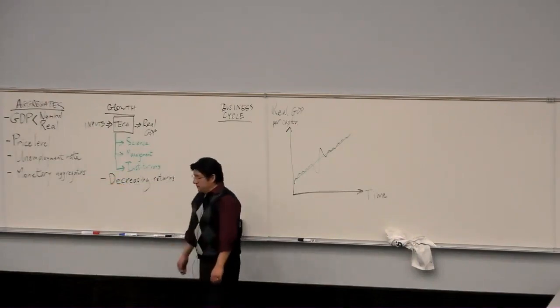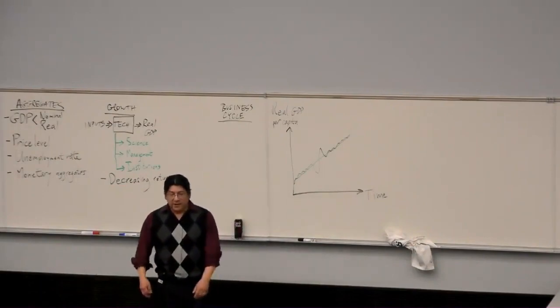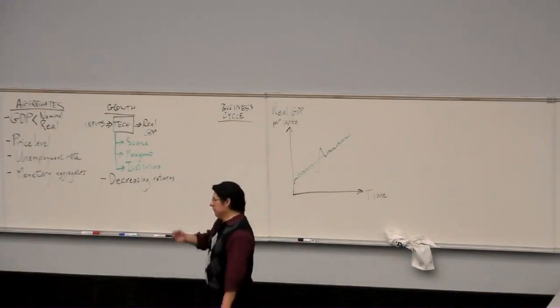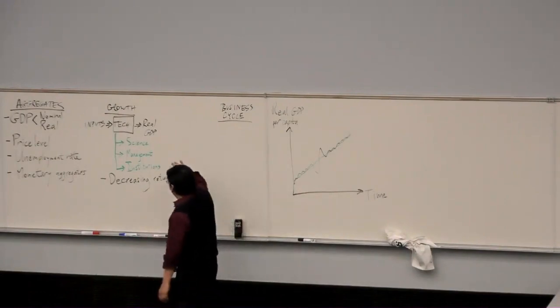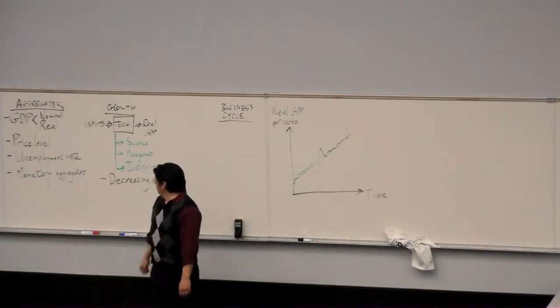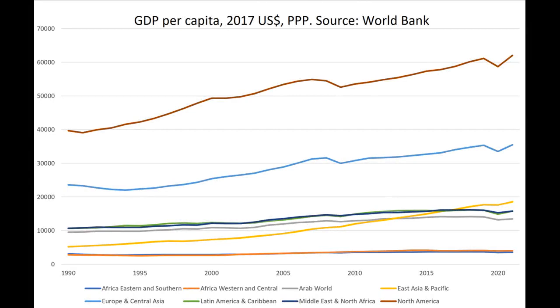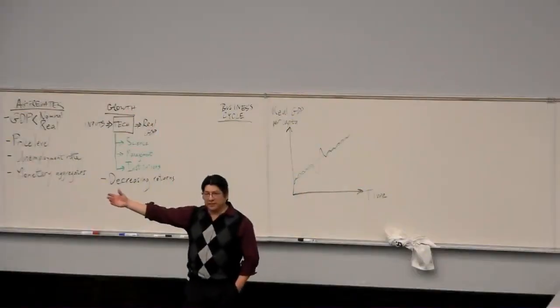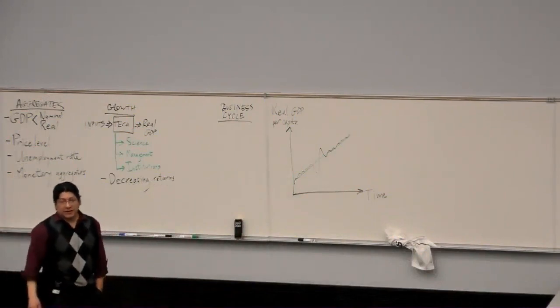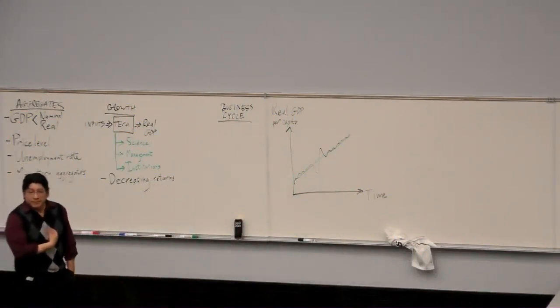What else does it predict? It predicts that if you see that countries aren't converging, logically, it must be that they have different technology. Let's think about science. I'm sure that a mechanical engineering class here at GW is very similar to a mechanical engineering class in Peru.